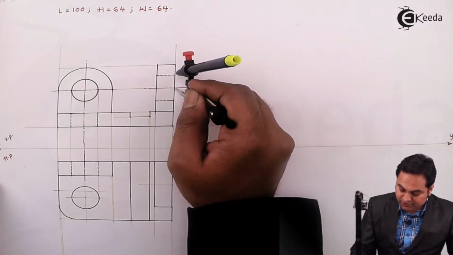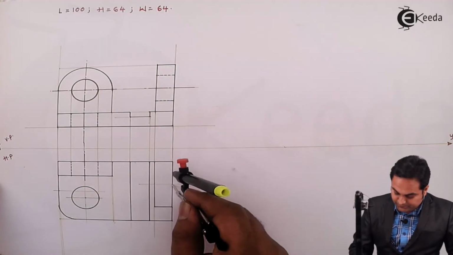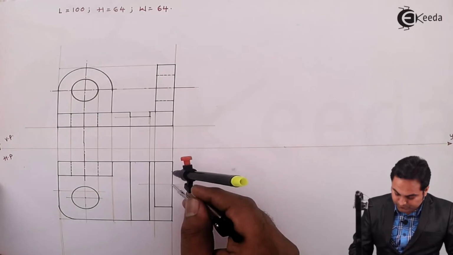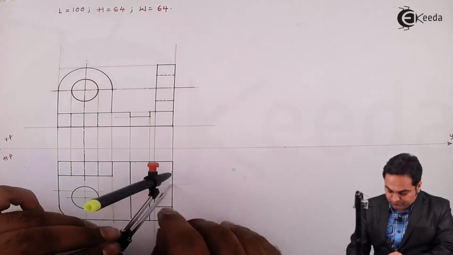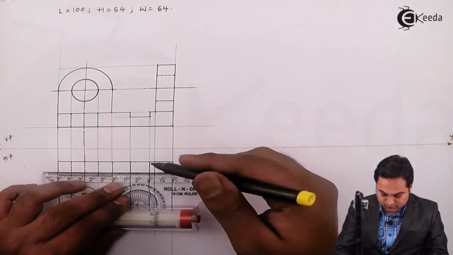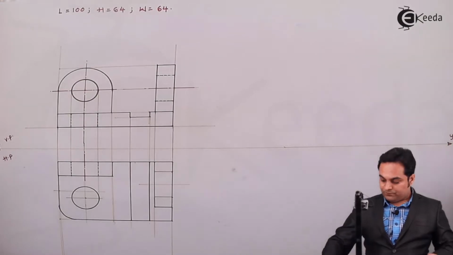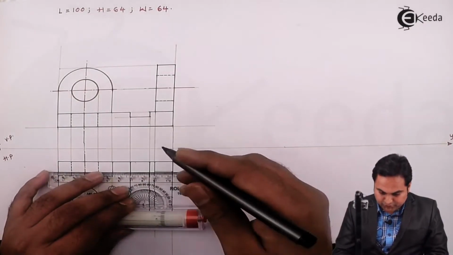So here I'm measuring this radius, plotting it on both the sides. Drawing a light line through both of them. I'll draw the dotted line.